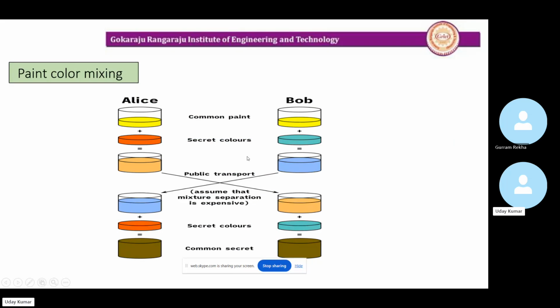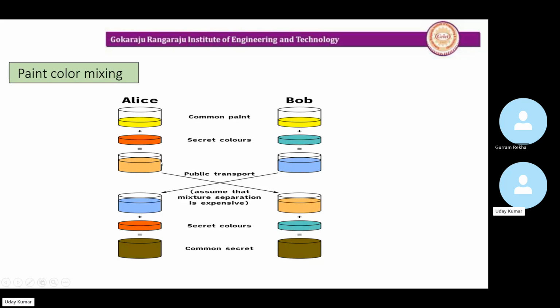This is the diagram. Alice and Bob both have a common paint, yellow and yellow. If you look at the color mixing, students, here you have some colors, and here you have some colors. The color mixing here and here is different, but they come up with the same color.